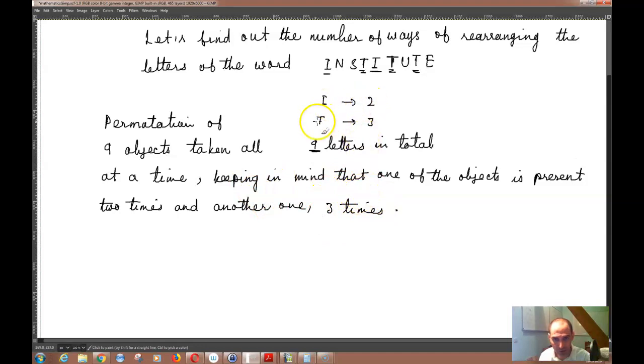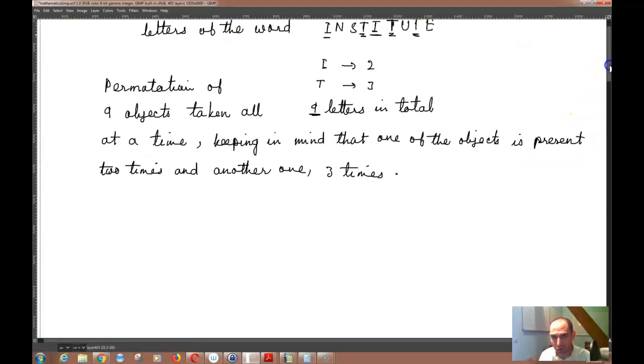Temporarily, let us treat these letters as different letters and name them I1, I2, T1, T2, and T3.